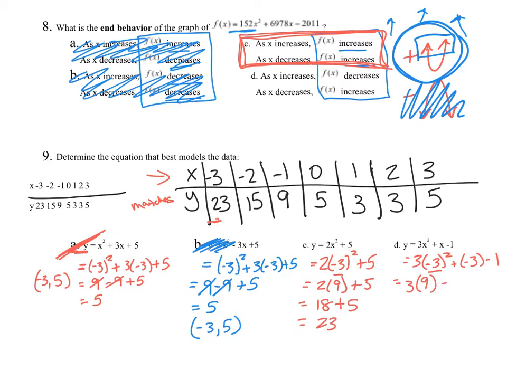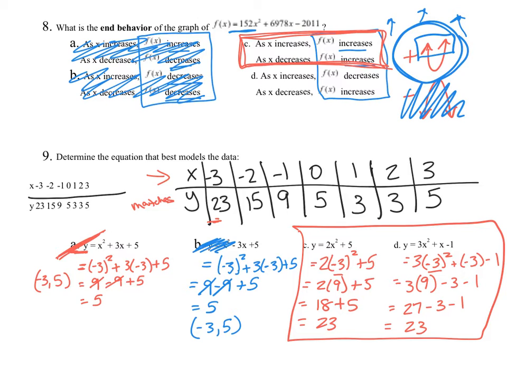And then -3 minus 1. So 9 times 3 is 27. Minus 3 minus 1. 27 minus 3 minus 1 is 23. Well, that one works. Okay, so our options are between these two.